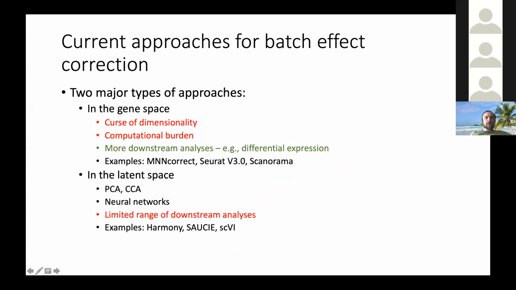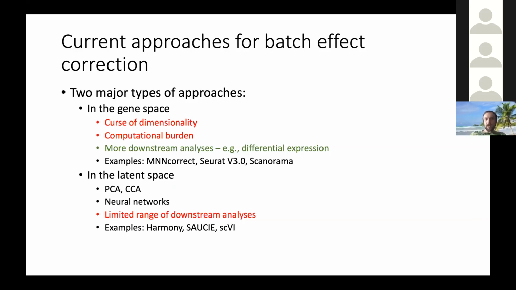Current approaches for batch effect correction can be subdivided into two main types. The first operate in the gene space. In this case we have multiple problems like the curse of dimensionality. When we have thousands of dimensions, even if we're using only highly variable genes, which are 1 to 5,000, there is still a high impact of the curse of dimensionality.